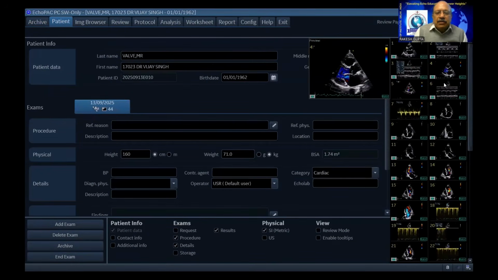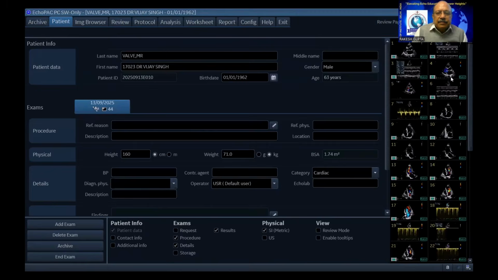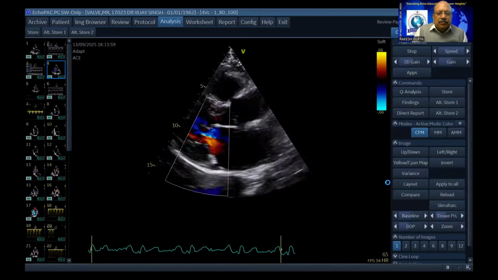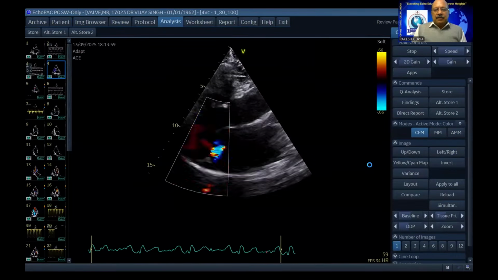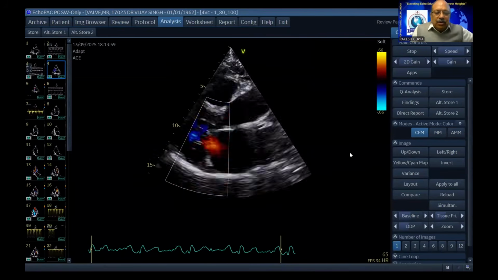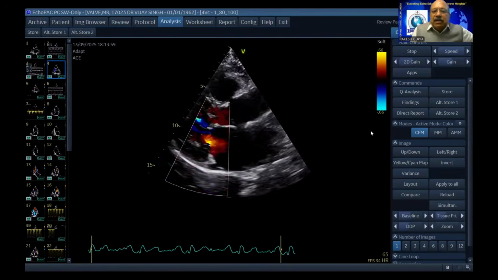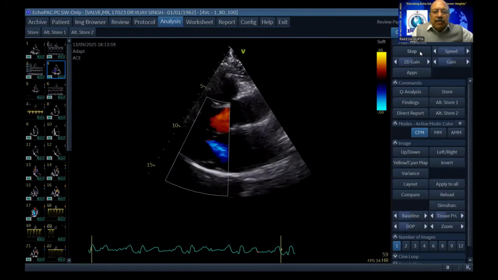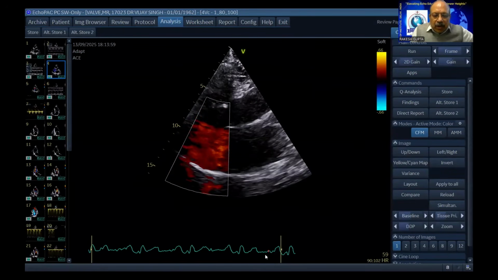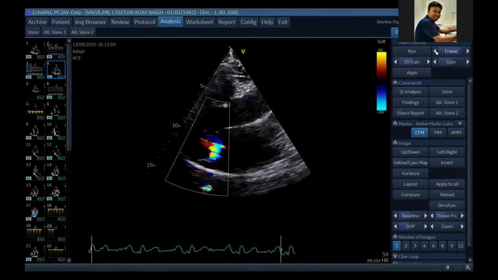I think I should have it now. Perfect. All right. I've got everything in my armament to show you how we look for a vena contracta. So I'm going to stop this and look at this pointer over here. Concentrate on this pointer, red color. Yes, sir. I'm moving frame by frame.